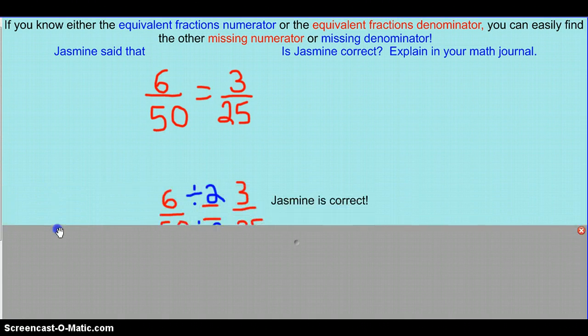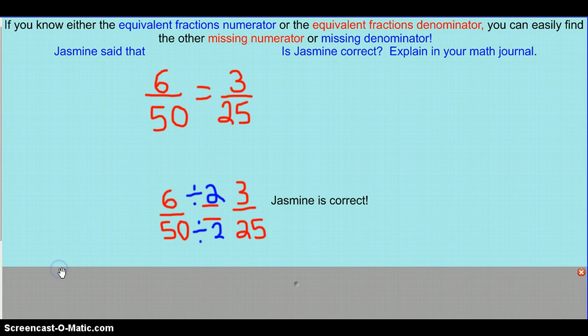I say she's correct. And the reason is they gave me 50 and 25, so I knew to divide by 2, and I could have also done 6 divided by 2 is 3. So on both of these, it's divided by 2, so that's what you need to do. Divide it by the same number for the numerator and the denominator. Good job, Jasmine.